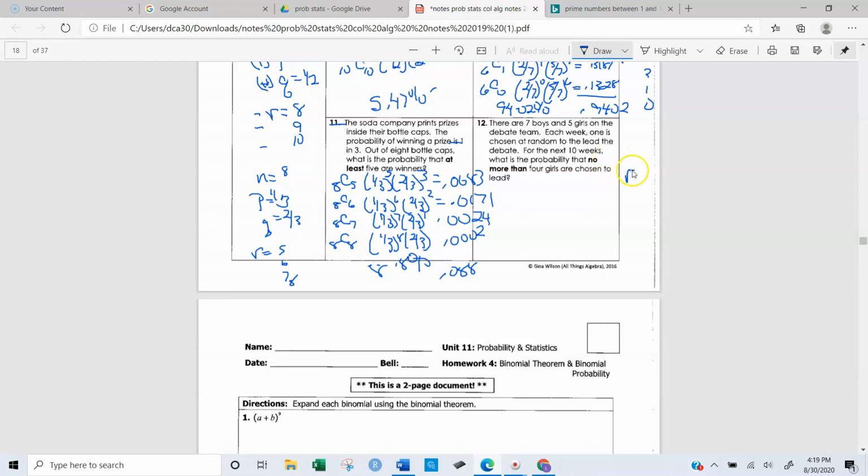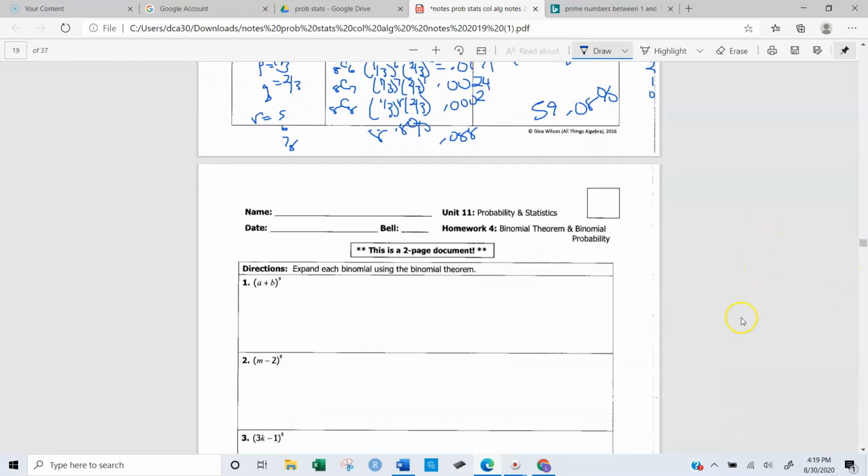So your R would have been 4, 3, 2, 1, 0. You would have had 5/12 for your P. So that means your Q was 7/12. And when you plugged all of this in, your final answer should have been 59.08%.